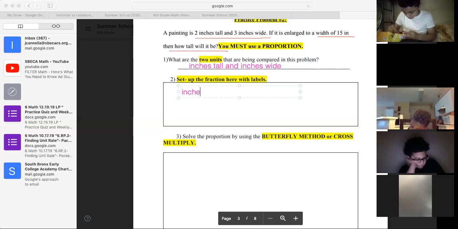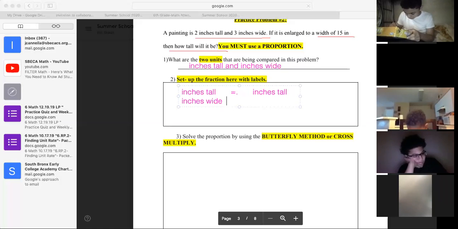So we're going to do inches over inches, tall over wide. We're going to put the line. Remember that? You just said what we're comparing, so I'm just writing it again: inches tall over inches wide.